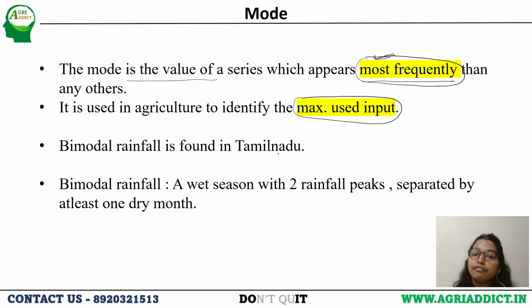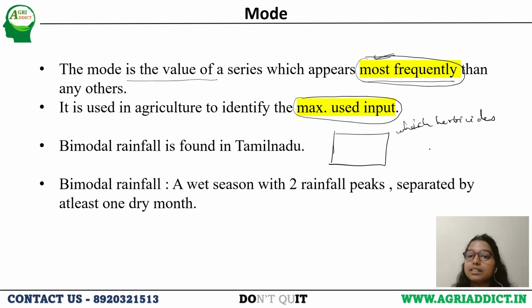If we want to identify, in a village or in a district, which herbicide is being used most by the farmers, for say, first we are taking pendimethalin, second we are taking imazethapyr, third we are taking 2,4-D.